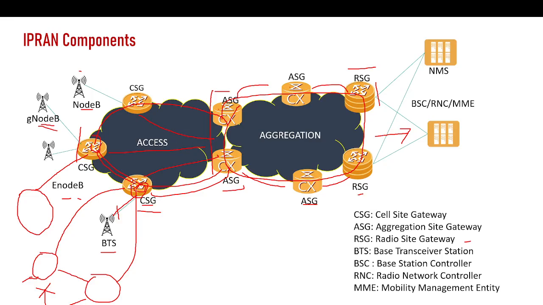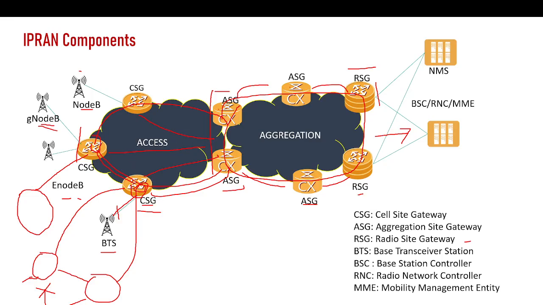Okay. And for these CSGs, can we provide redundancy through these microwave equipments, or no? Yes, that is an implementation that is common, very common. You can have a CSG that is a router at site. You can also have a microwave equipment at site.